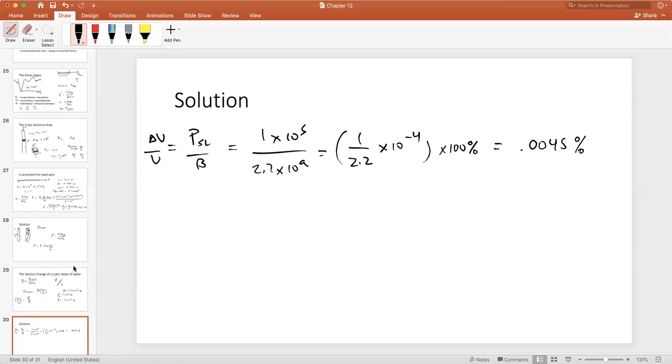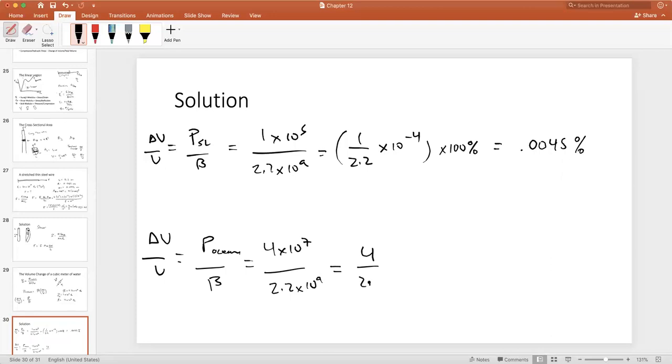At the bottom of the ocean, so P at the ocean over beta is 4 times 10 to the 7th over 2.2 times 10 to the 9th. That is 4 divided by 2.2 times 10 to the minus 2.